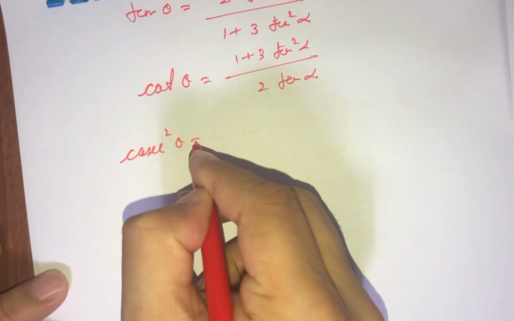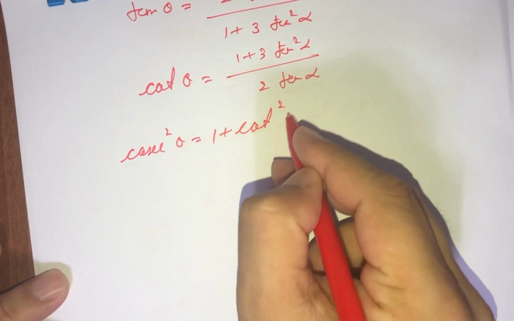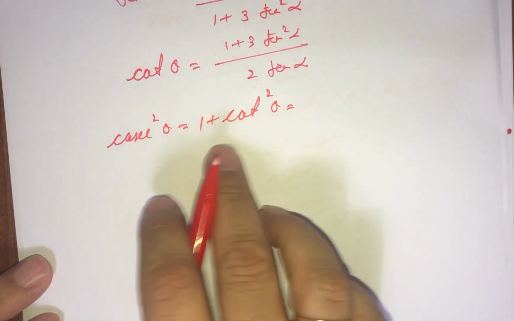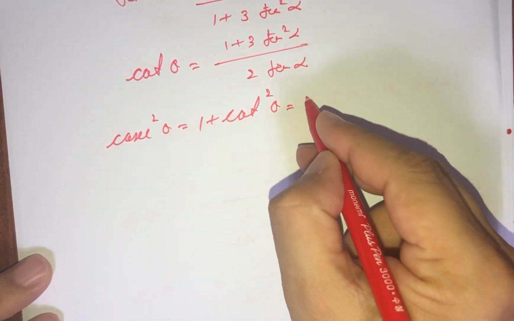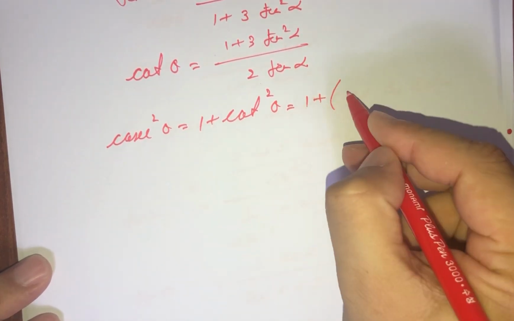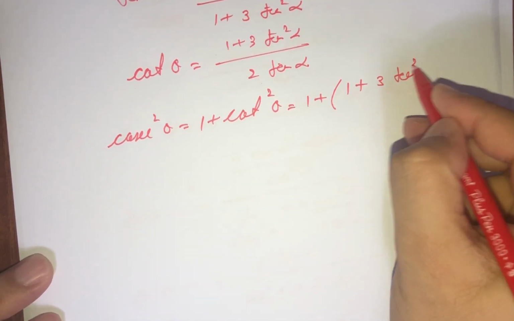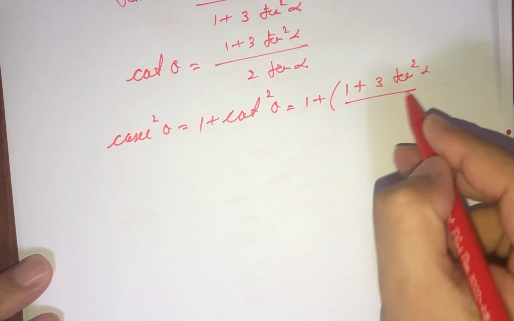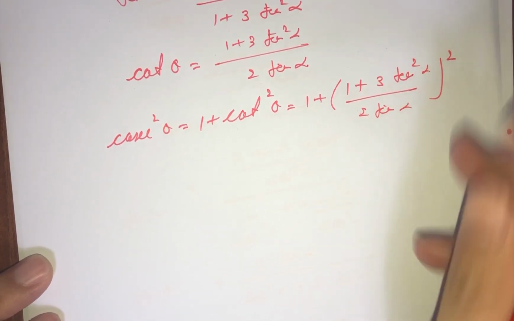Cosecant square theta is equal to 1 plus cotangent square theta. Substituting the value of cot theta, we get 1 plus (3 tan square alpha divided by 2 tan alpha) and its square.